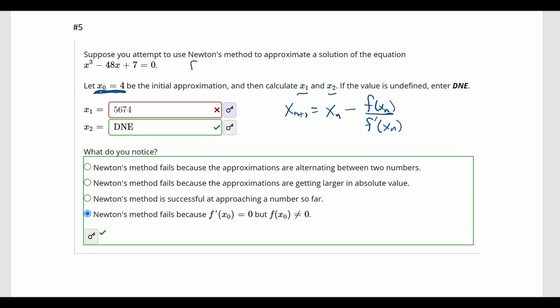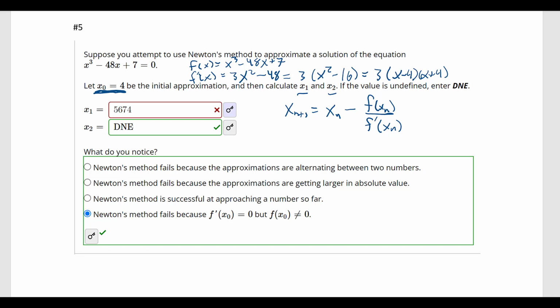If our f of x is x cubed minus 48x plus 7, our f prime of x is going to be 3x squared minus 48. And just for fun, you could factor out the 3 and you'd have x squared minus 16, and for more fun, that's 3 times x minus 4 times x plus 4.